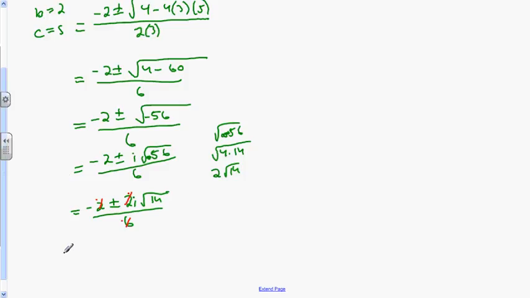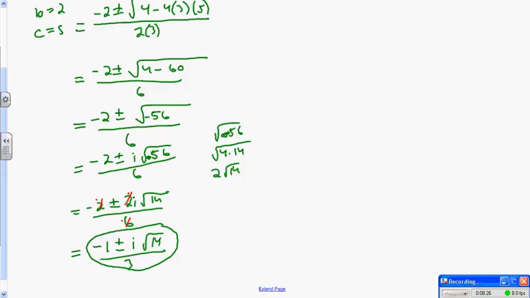And that would give us negative 1 plus or minus i root 14 over 3. That's considered simplified. I cannot take 14 divided by 2 because that's actually not 14. It's the square root of 14, which is quite a bit smaller. It's 3 point something, 3.5, 3.9.